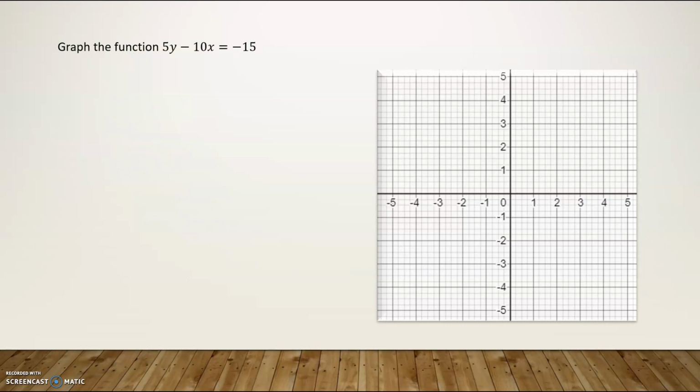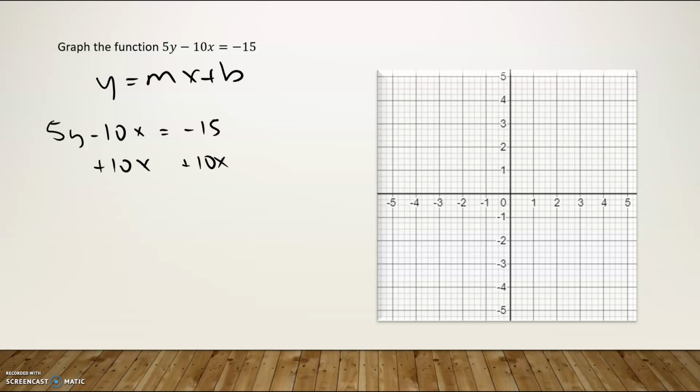So let's look at this. We're going to graph the function 5y minus 10x is equal to negative 15. First thing that I'm going to do is put it into y equals mx plus b format. So we got 5y minus 10x is equal to negative 15. I'm going to add 10x to both sides.